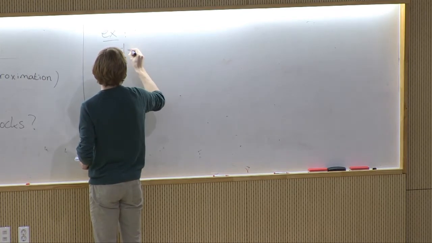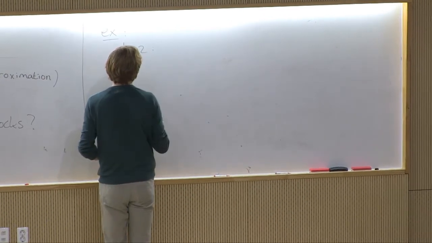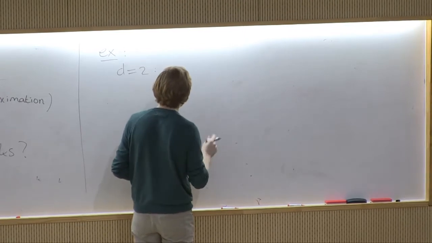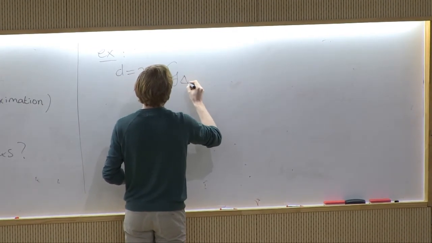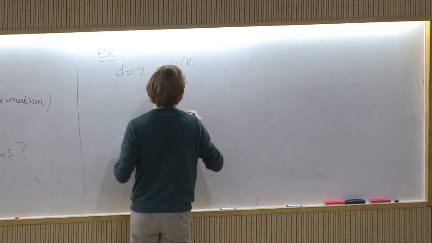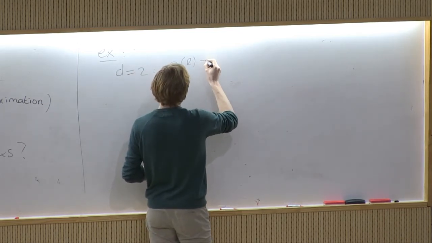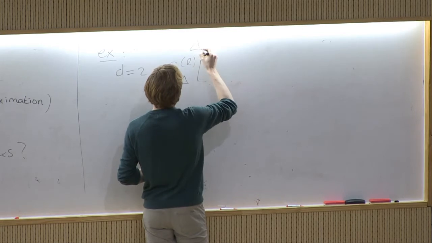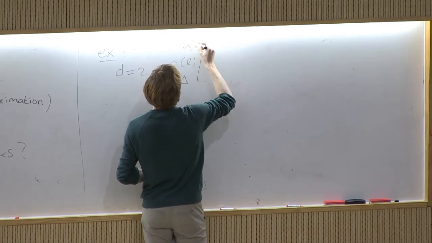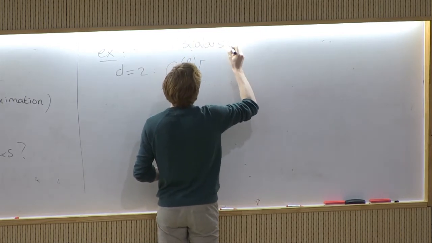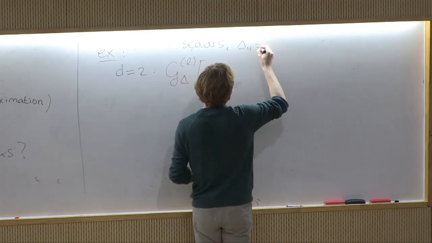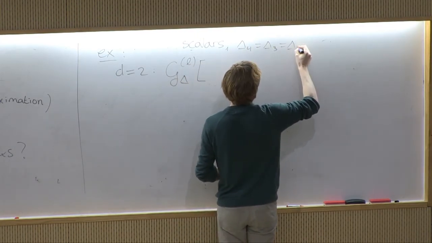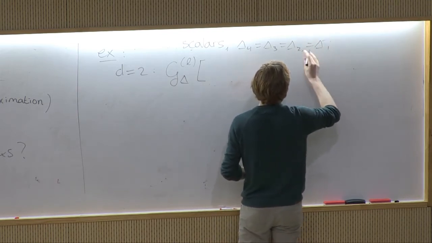For example, in D equals 2, the conformal blocks have been known for a long time, and they are for scalar operators. Let me take them all to be the same scalar because that's useful. So delta 4 equals delta 3 equals delta 2 equals delta 1.